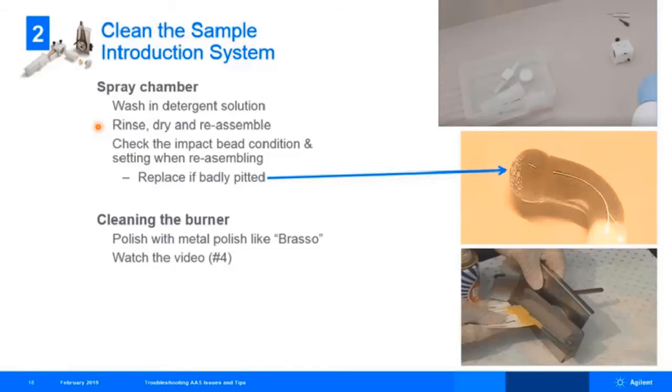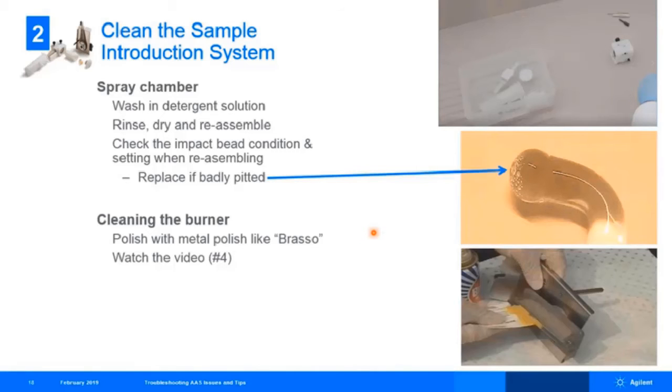We can then rinse them, dry them, and reassemble those components. When we do that, we should make sure that we inspect the condition of the impact bead closely. If you see very bad pitting, as you see in this example in the photograph, then the bead should be replaced immediately, because it's not going to do a good job in terms of breaking up the flow of sample coming into the sample introduction system.